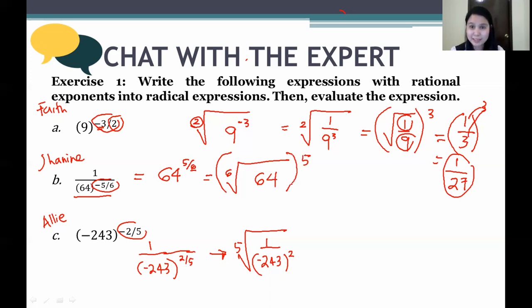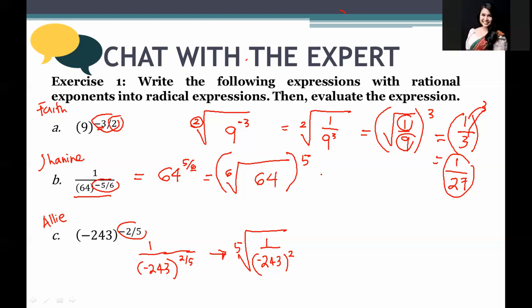Place it outside. Ma'am, it's negative 5, though. Yes, but you see, I transferred it on top, from the denominator to the numerator, to make the exponent positive.